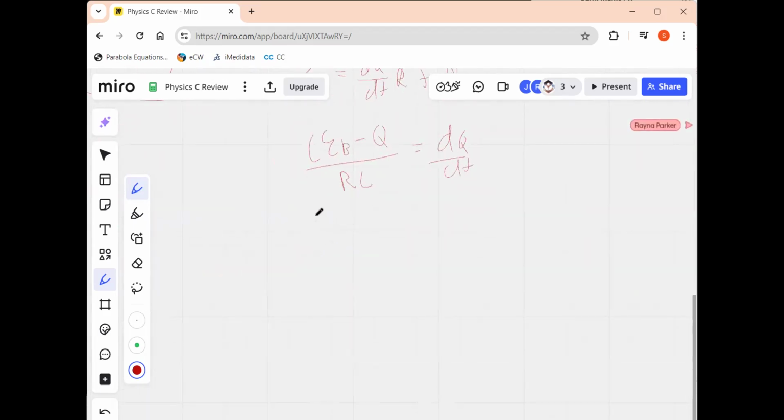Then the next step is to separate our variables. So integral of dt over RC equals the integral of dq over capacitance E of the battery minus q.